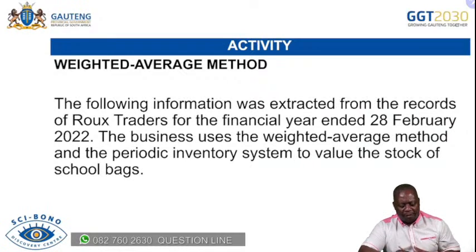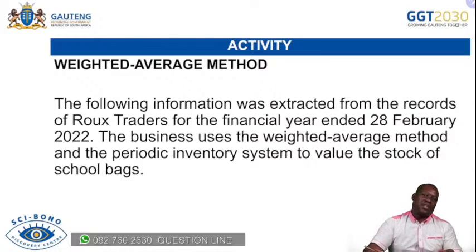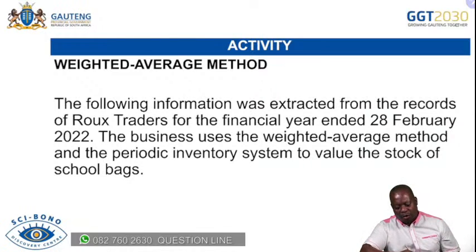The following information was extracted from the records of Rolex Traders for the financial year ended 28 February 2022. The business uses the weighted average method and the periodic inventory system to value the stock of school bags. Periodic, after a physical stock count, then we need to attach value to our stock.